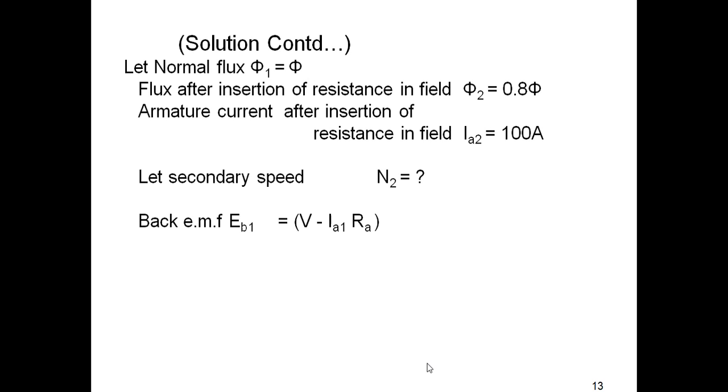We know that the back EMF EB1 is equal to V minus IA1 RA. From this formula we can find EB1.